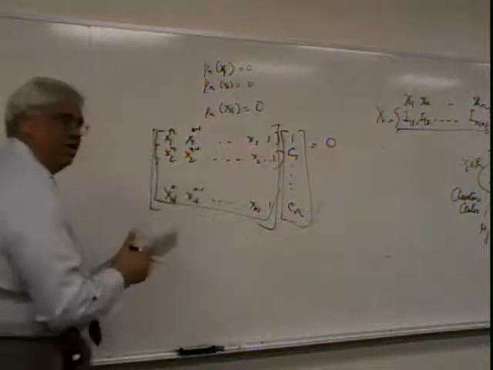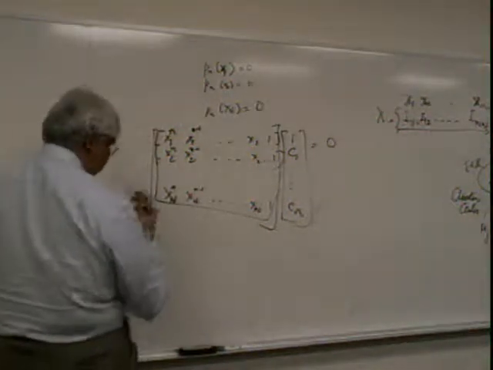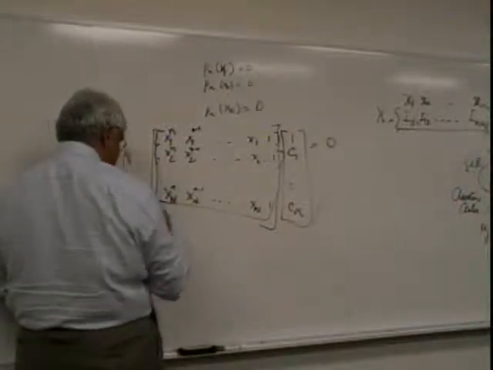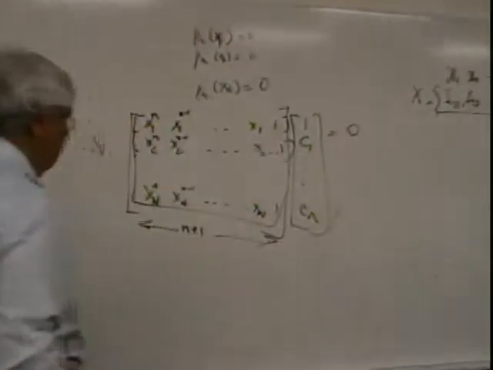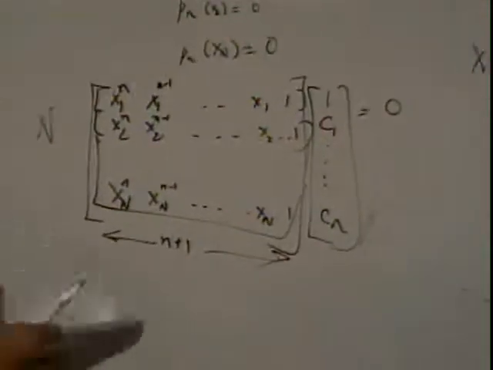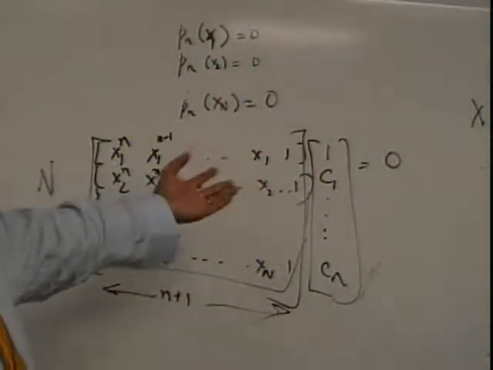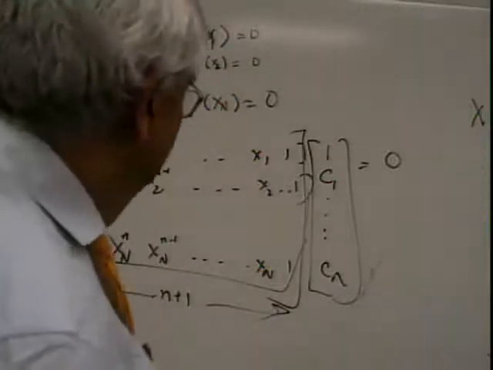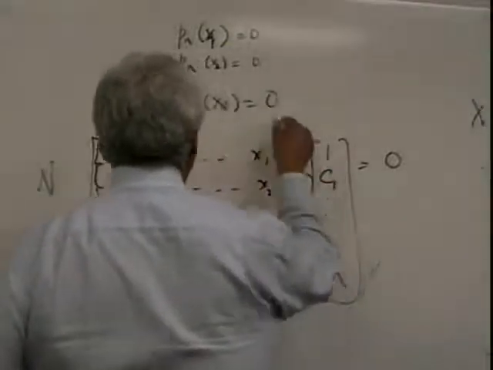It's actually a matrix of all powers of the data up to power little n. Its dimension is N by n plus 1, because x to the power 0 is the other power that's included. Okay, so this matrix is given.